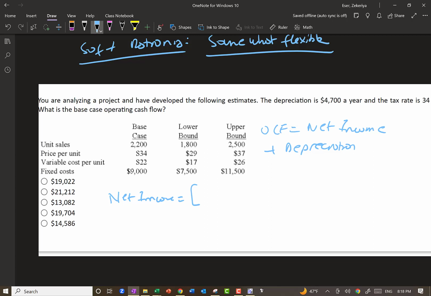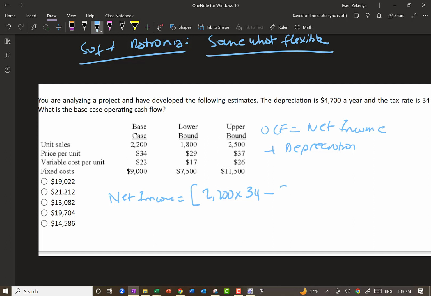How do I get it? Given that info. How many units I'm selling? 2,200, and I'm selling them at $34. Okay, so that's my sales.